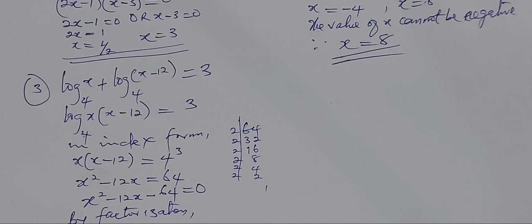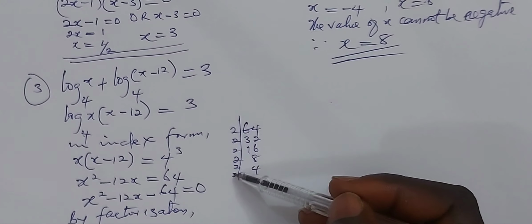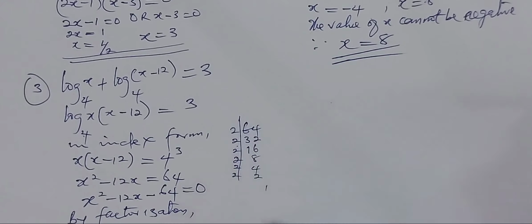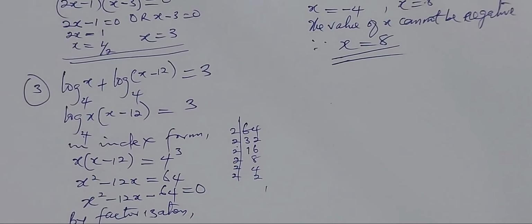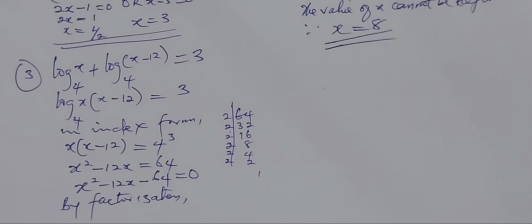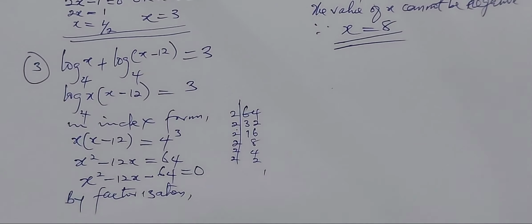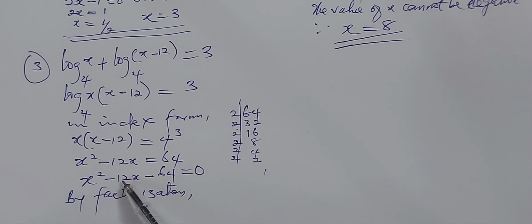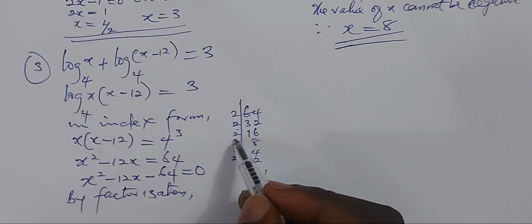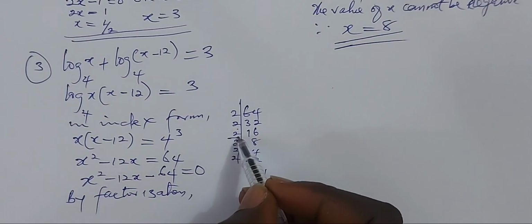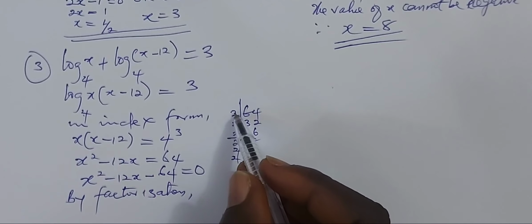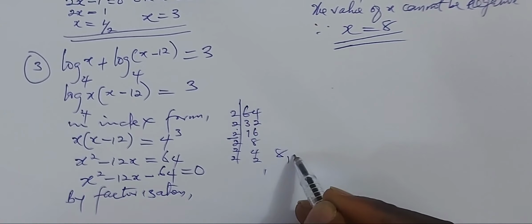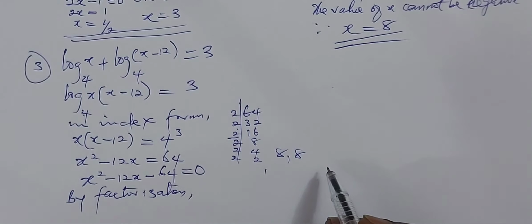How many 2s? 1, 2, 3, 4, 5, 6. 2 raised to the power of 6 will give you 64. So now let's find the two factors that when we add, we'll have minus 12, and when we multiply, we'll have minus 64. So if we have 8 and 8, it will not work. How are we going to do it? No way.